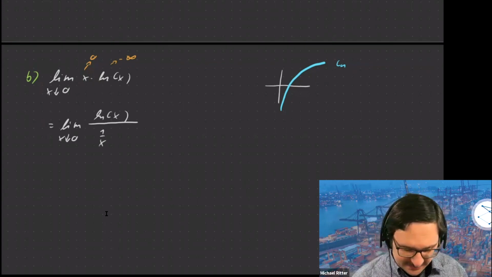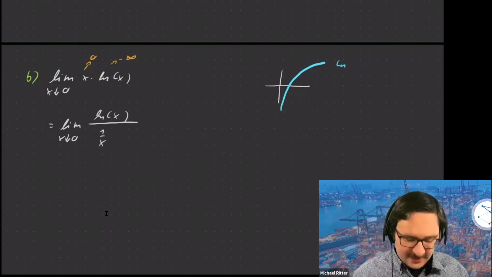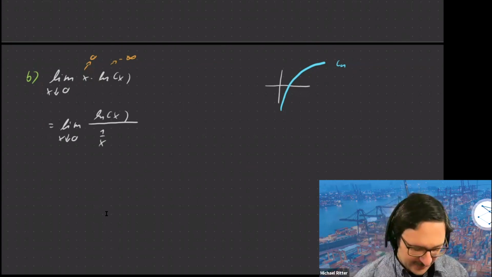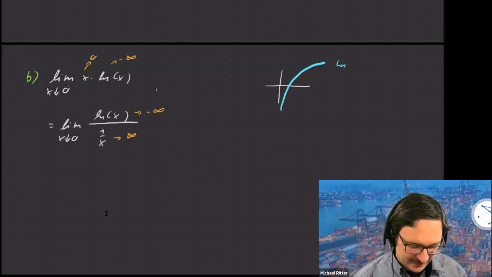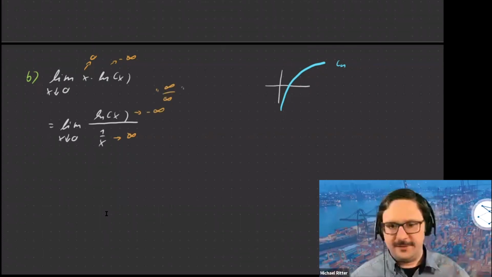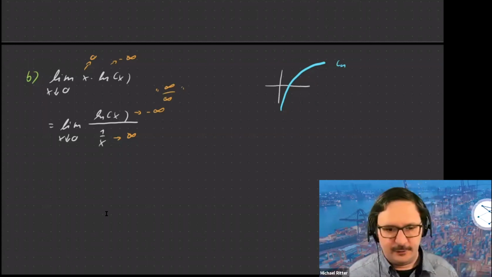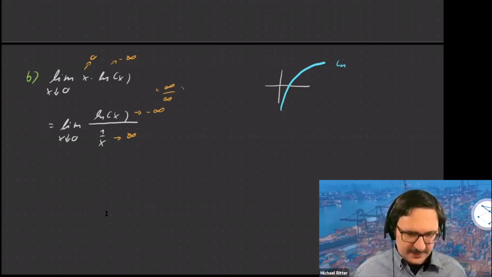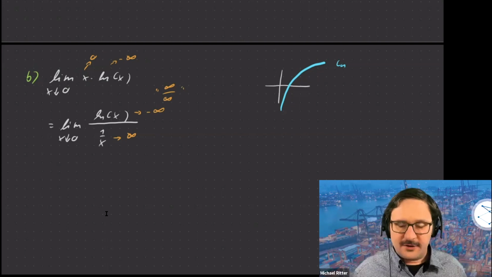And now that means, well, if x goes to 0, then 1 over x goes to infinity. The ln goes to minus infinity. So again, we have something of the form infinity over infinity. The sign doesn't really matter here. We could factor that out if you wanted to. So now we can try to apply L'Hopital's rule.